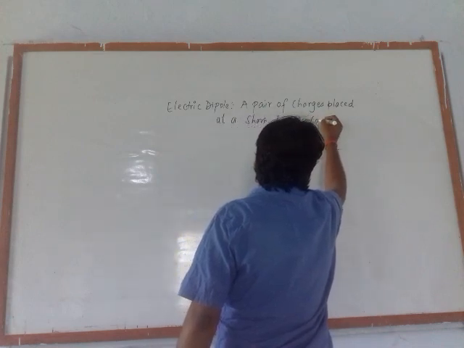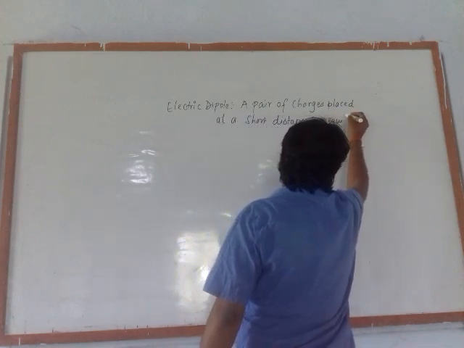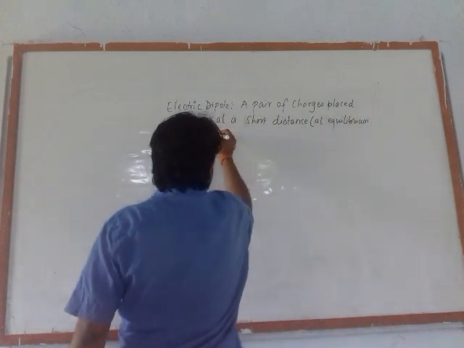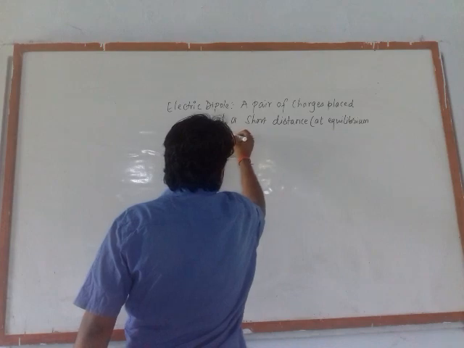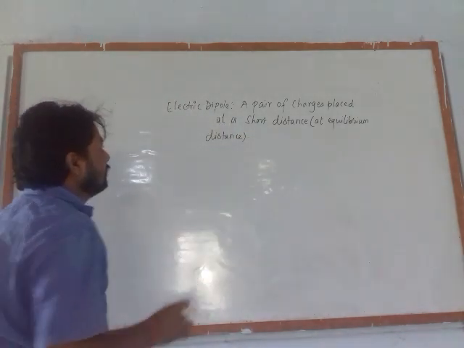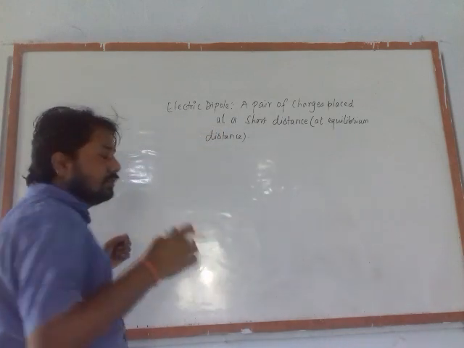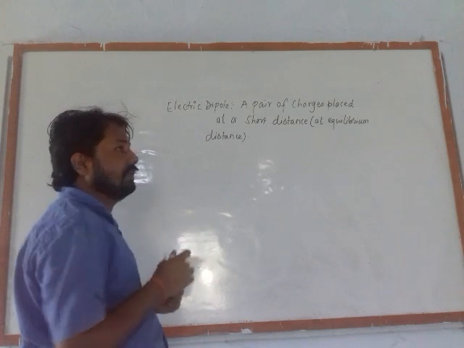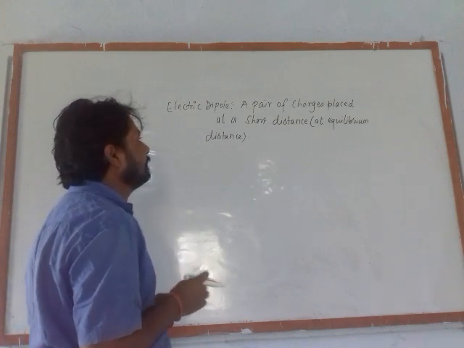You can say at equilibrium distance. Why equilibrium distance? Equilibrium distance means effective distance between the pair of charges where they can put their Coulomb force of attraction and repulsion at the same time.